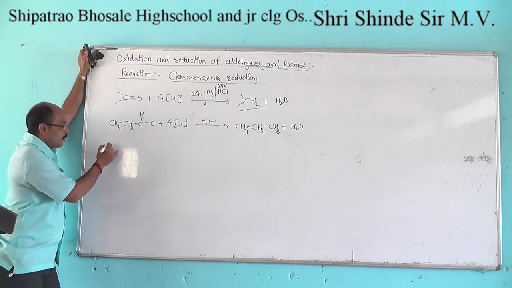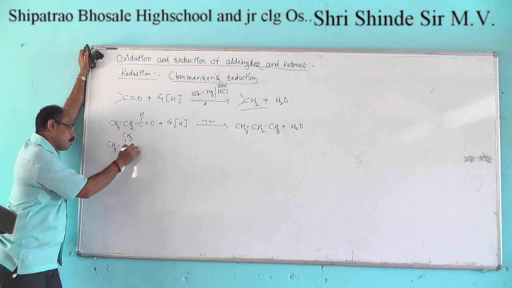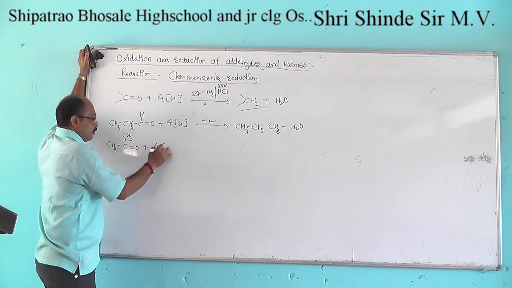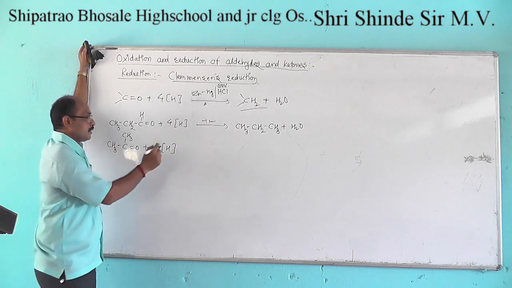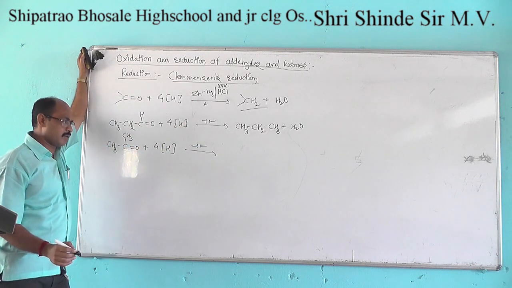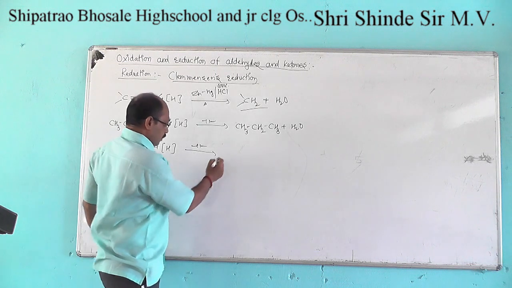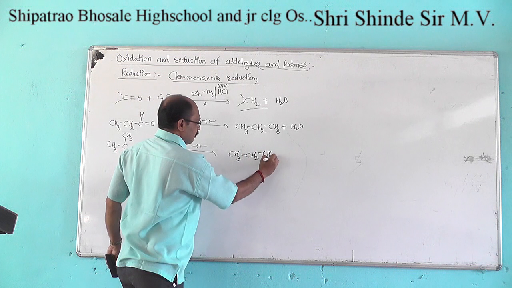Like this, when we reduce a ketone, I am taking here acetone, by using zinc amalgam and concentrated hydrochloric acid, it gives the formation of corresponding propane.